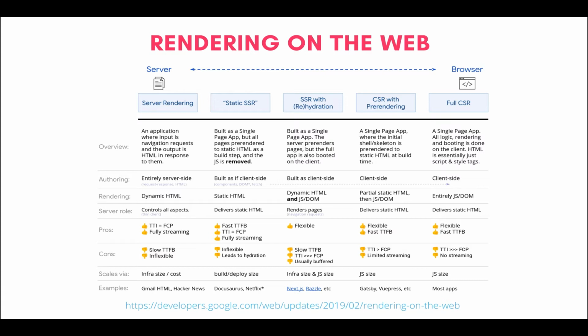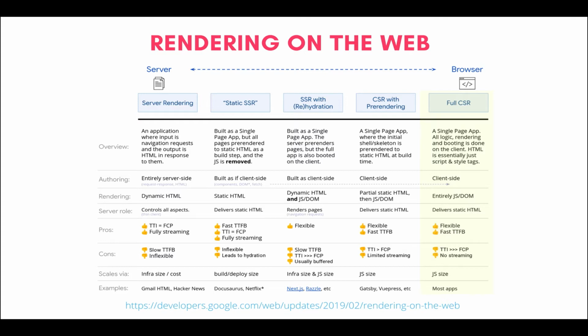So beginning from the right side, we have full client-side rendering. And this is basically what we've already encountered. So we are always serving a generic HTML to every user, and the whole UI generation is happening in the user's browser.